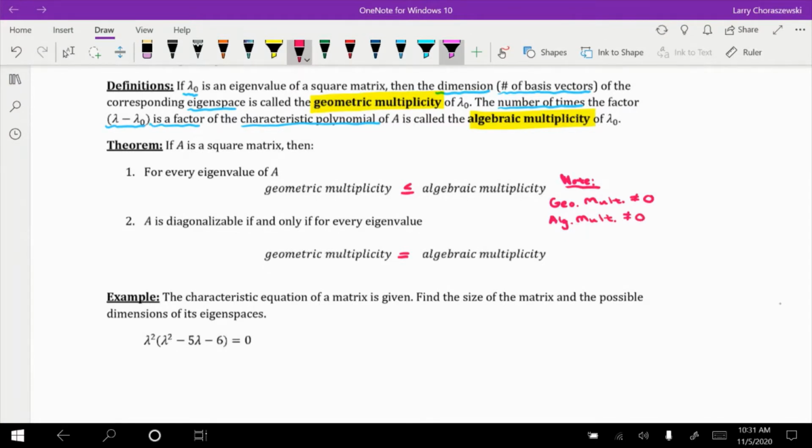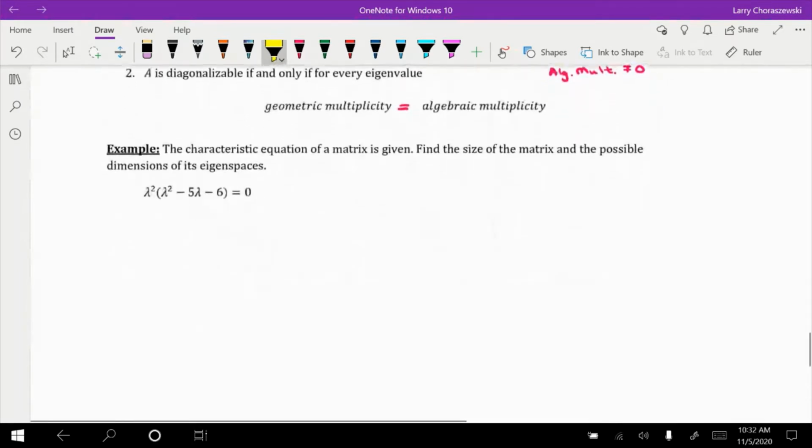Of the two, I think this is a more important fact. If the geometric multiplicity were to equal 0, then our eigenspace would just be the 0 vector, which by definition we're excluding. So the geometric multiplicity as well as the algebraic multiplicity will always be greater than 0, and they'll each be integers.